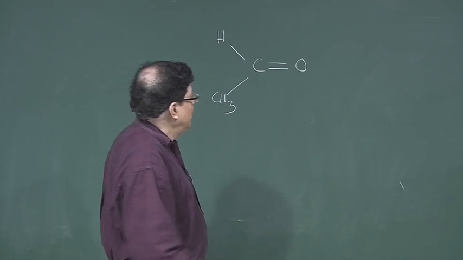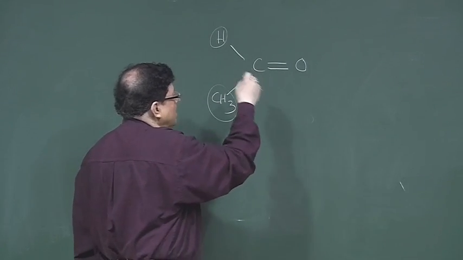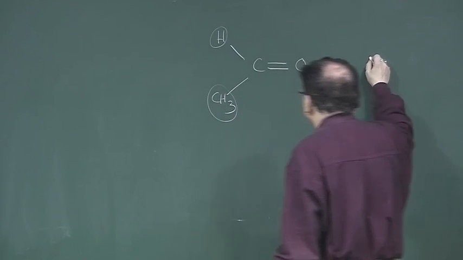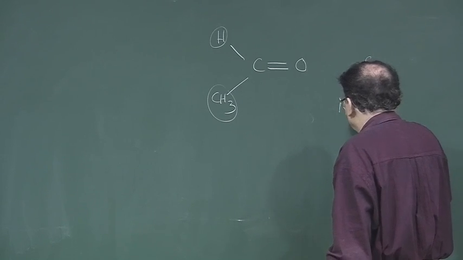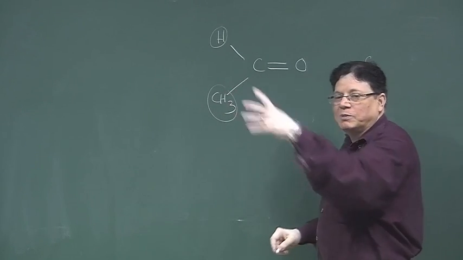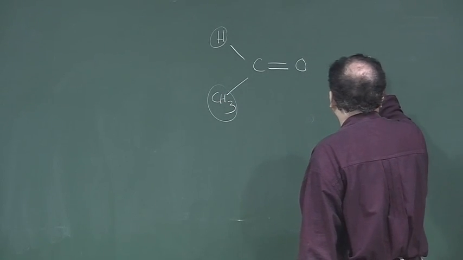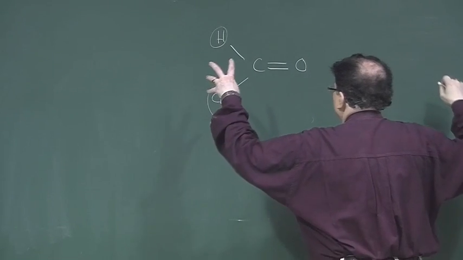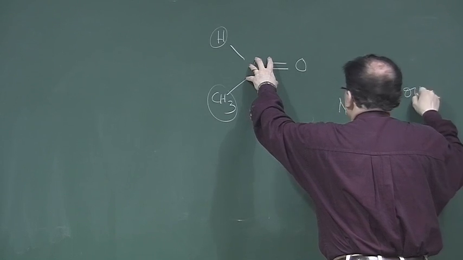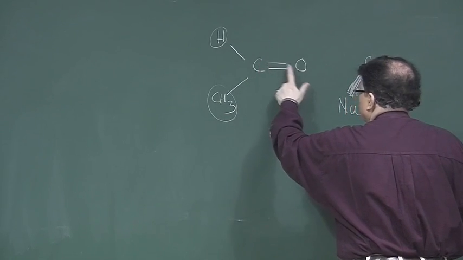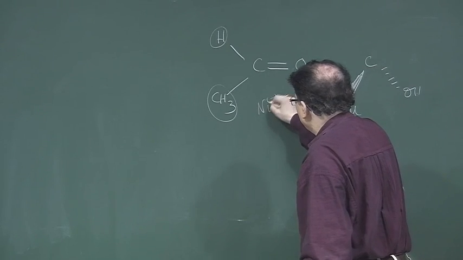Okay. Now, because these two groups are different, if you add a nucleophile from the top, what will you get? The nucleophile will definitely take up a beta position, because it is coming from this side, above the plane of the board, so the wedge will be here.